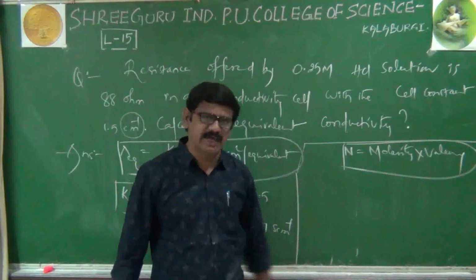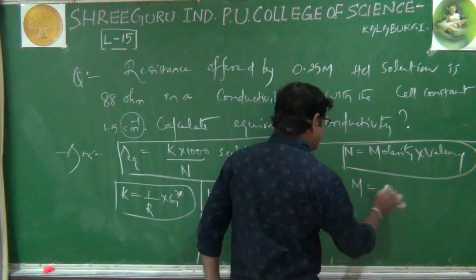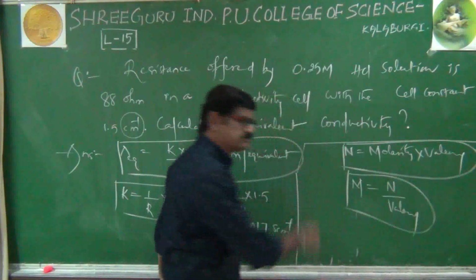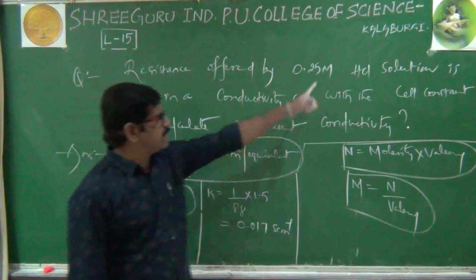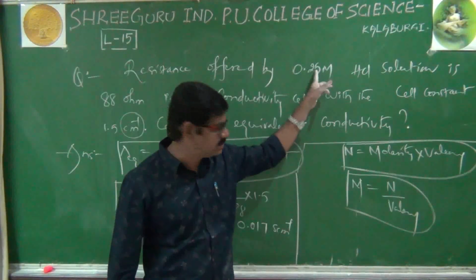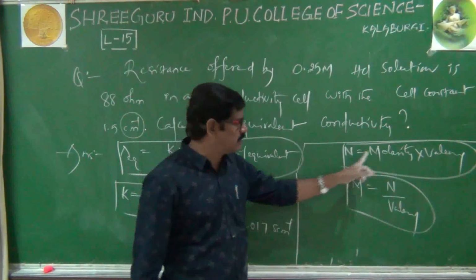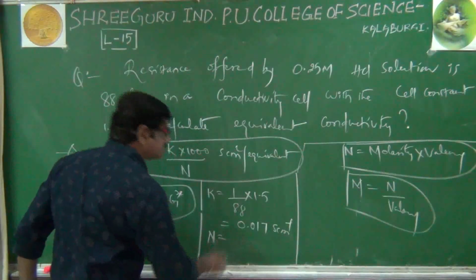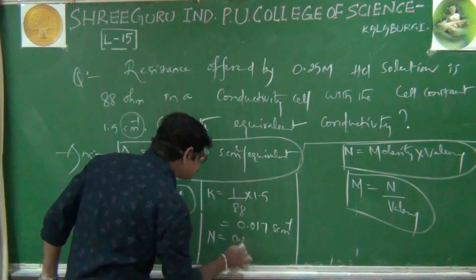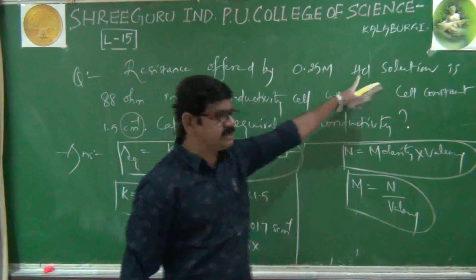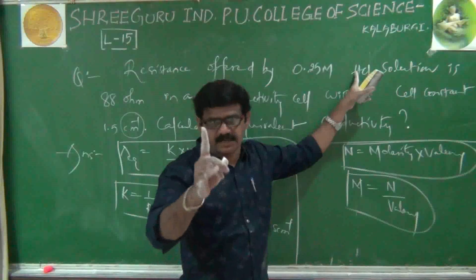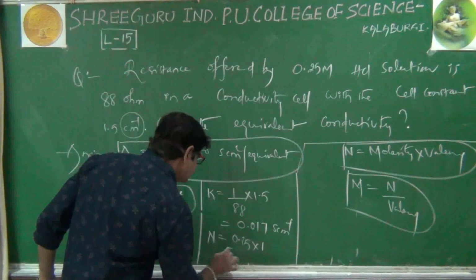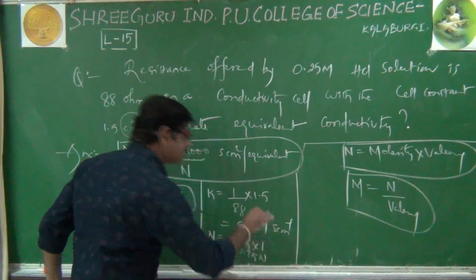Normality equals molarity into valency, or you can also write: molarity is equal to normality divided by valency. Now in the question molarity is given, we have to calculate normality. Therefore this formula will be used: normality equals molarity into valency. Normality is equal to molarity 0.25 into valency of HCl. Valency of HCl is 1, only one displaceable hydrogen ion is there, so 1, nothing but 0.25 N.